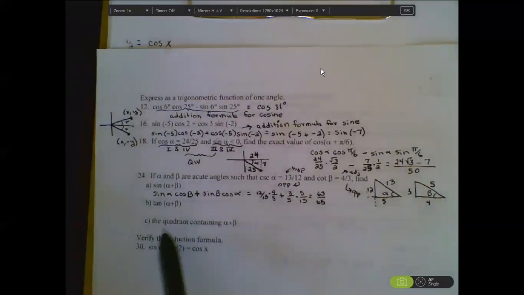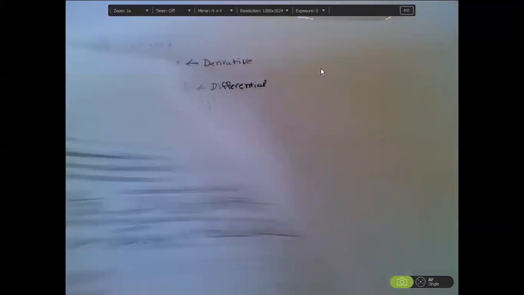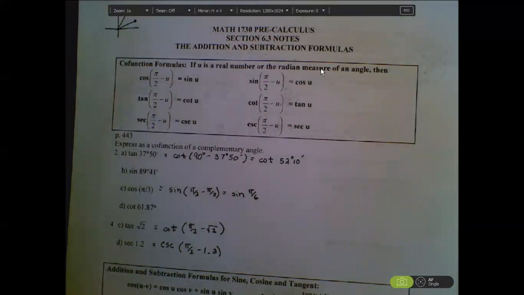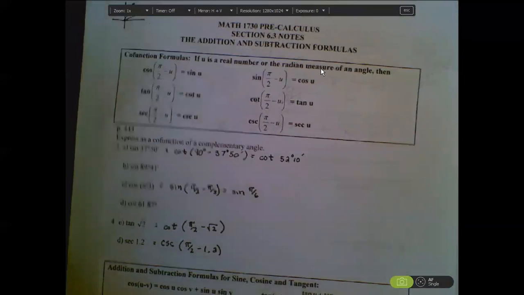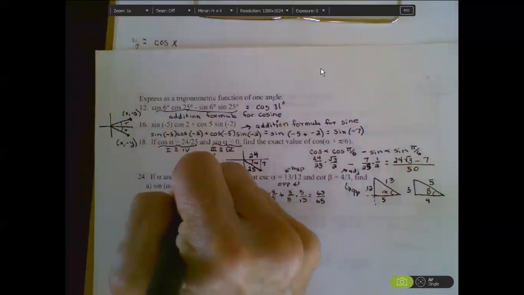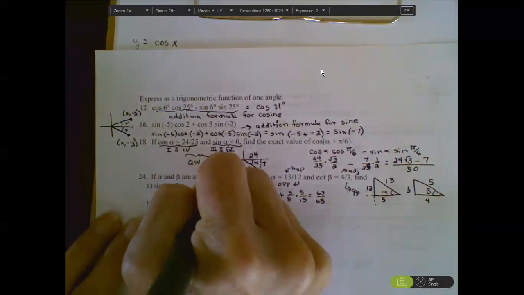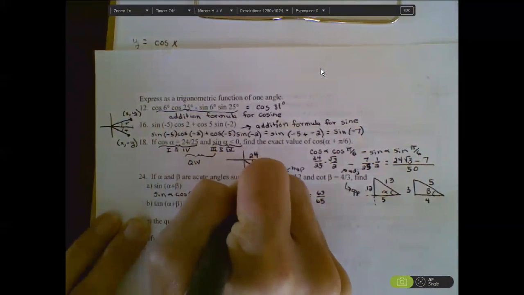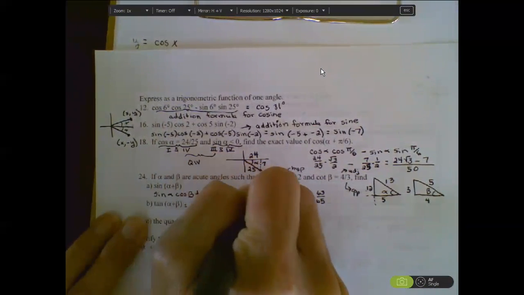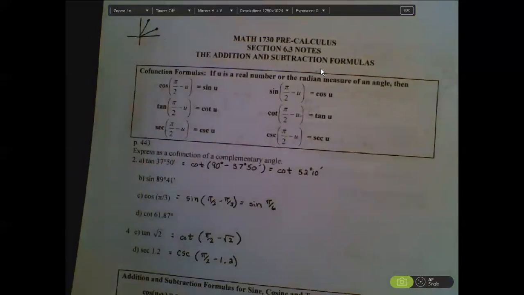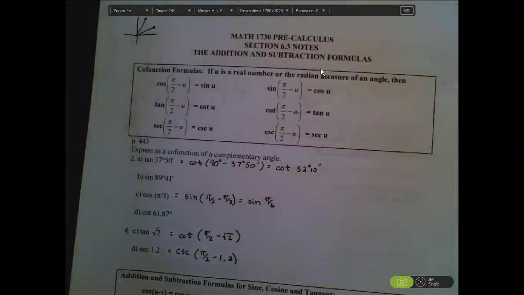In the B part, we're going to do the same thing for tangent. We need the addition formula for tangent. That's tangent U plus tangent V, tangent alpha plus tangent beta over 1 minus tangent alpha times tangent beta.